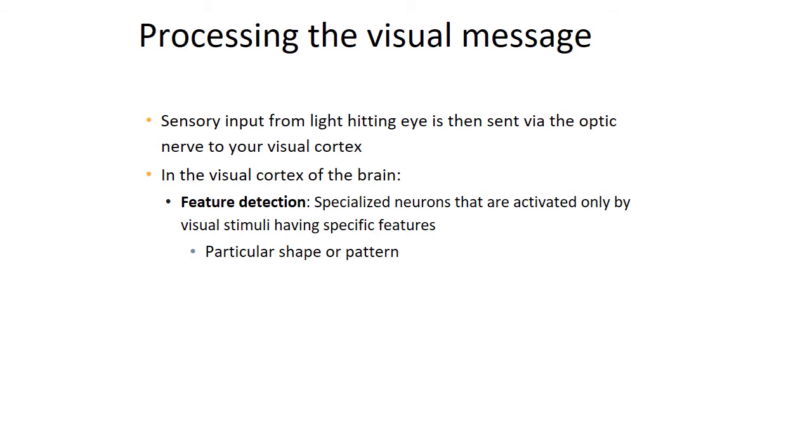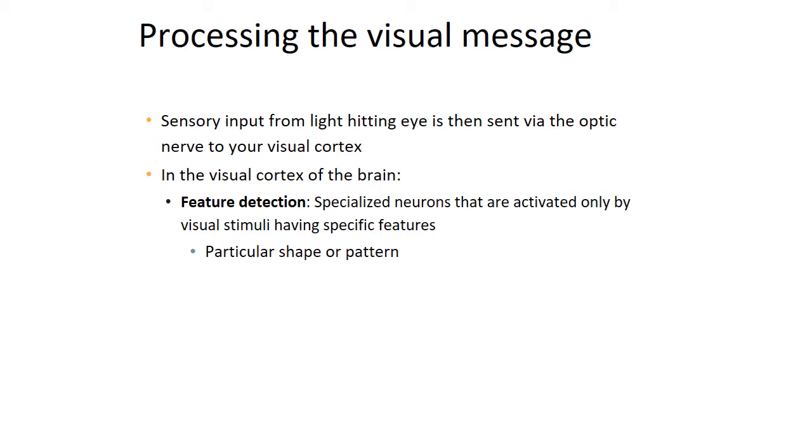Processing the visual message. Sensory input from light hitting the eye is then sent via the optic nerve to your visual cortex. In the visual cortex of the brain, there are specialized areas called feature detectors. In these feature detection areas, there are cells that are specifically triggered by shapes. For example, anything that resembles a face will be triggered by feature detection that is specifically activated by the shape of a face.